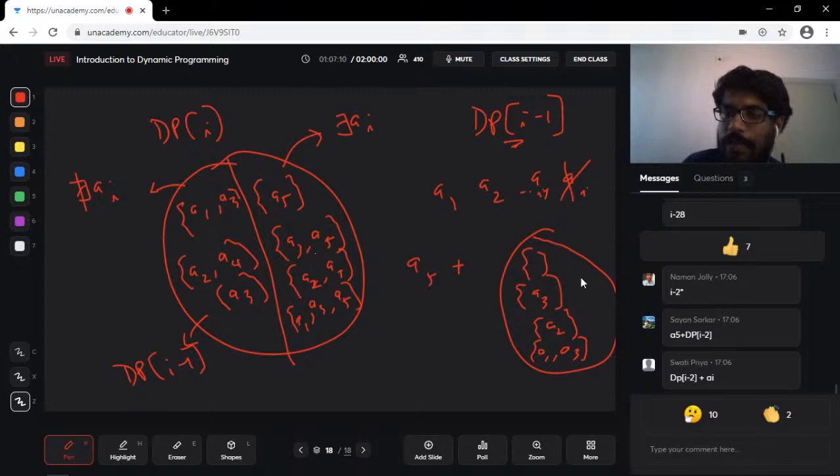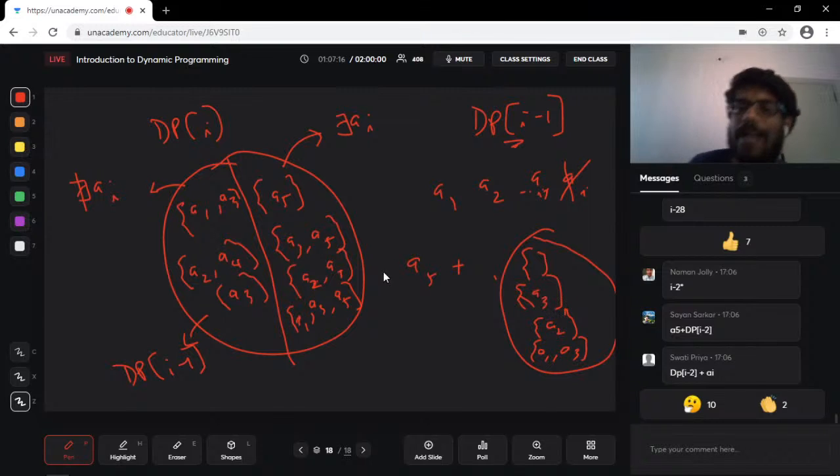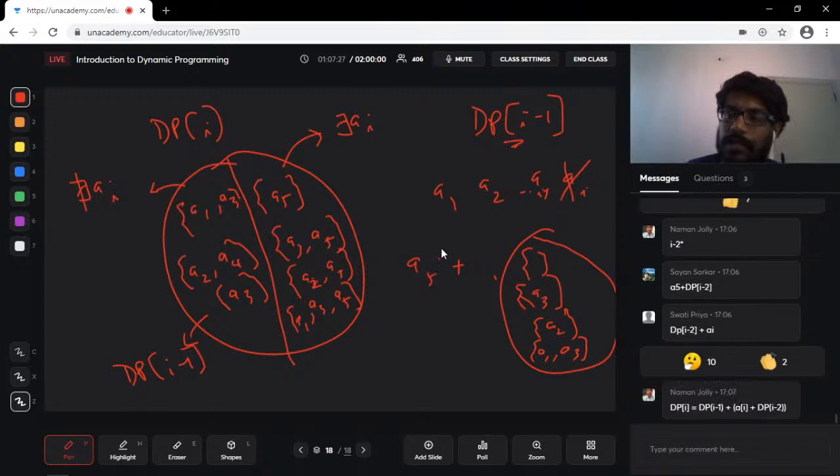So I pluck out a5 and I have this subset now. If I can find the maximum subset in this, I'll just add a5 to it and I'll get the maximum in this bag. So I've just transformed this bag into another bag, but after removing a5. I hope this makes sense.